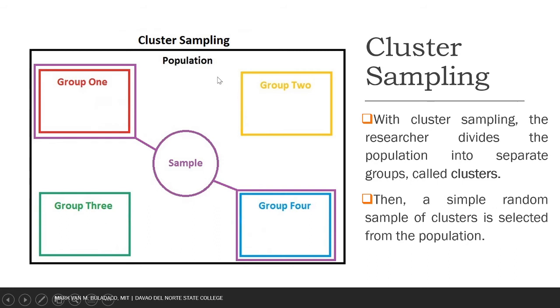Now in our illustration, there are 4 clusters, and in cluster sampling, you just select groups out of the 4 groups, and the groups that are selected are basically your sample. So you just add up the numbers of group 1 and group 4, and that is your sample.